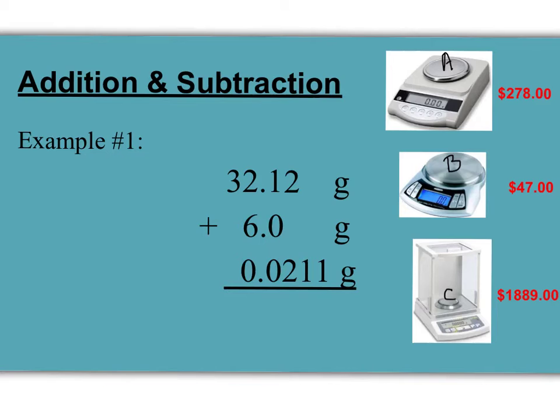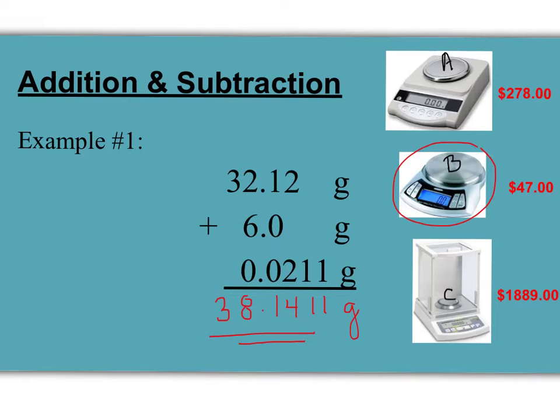So you decide to add up all these mass values and you end up getting 38.1411 grams. The problem is that the precision with which you can mark your final answer can only be as good as your worst balance.